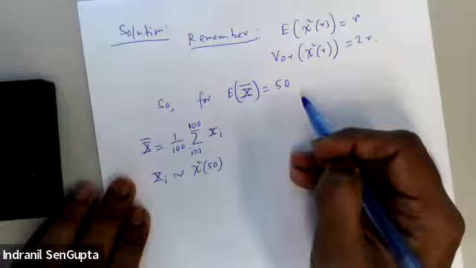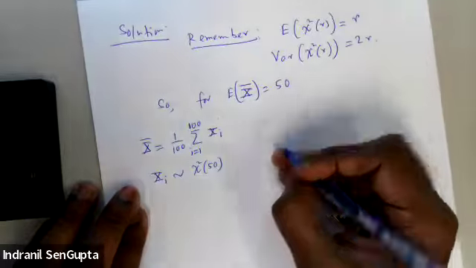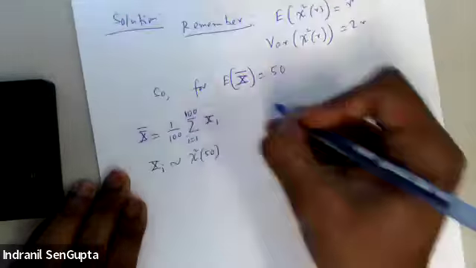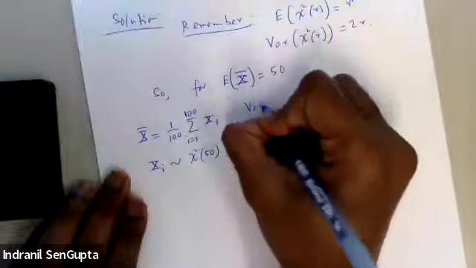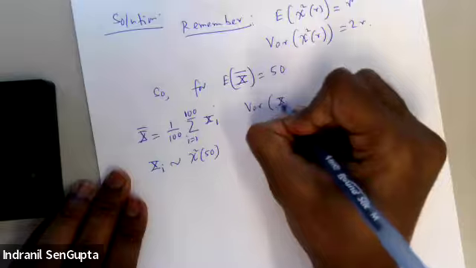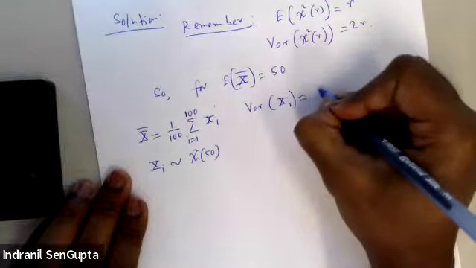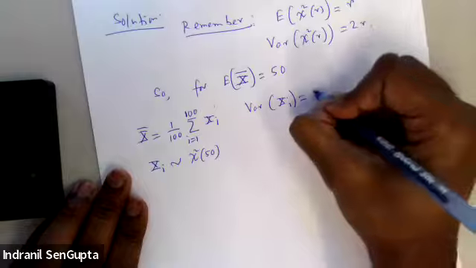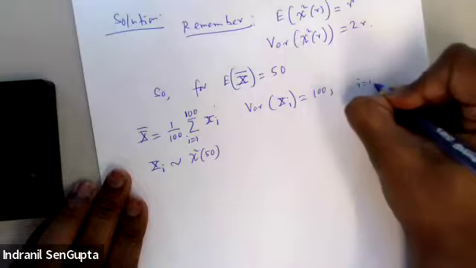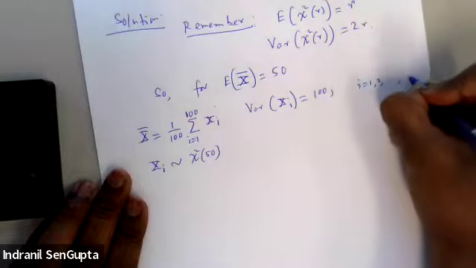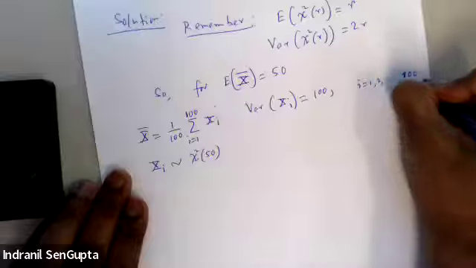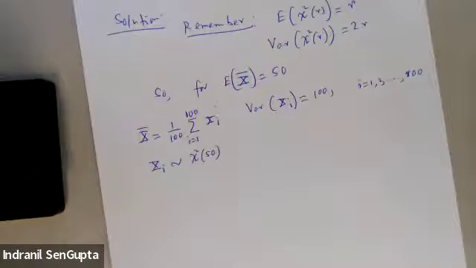And what is the variance of xi? The variance of xi for every i is 2 times 50, which is 100.